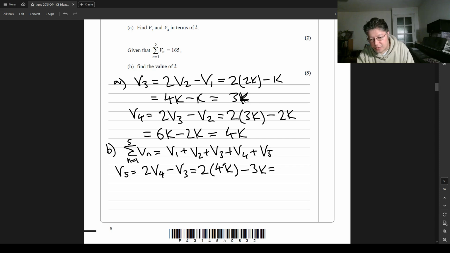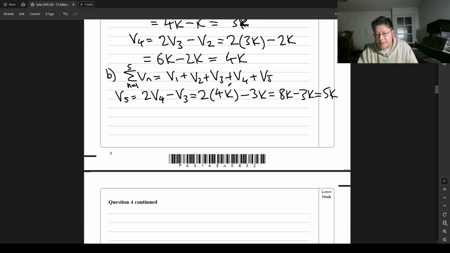So this equals 8k minus 3k, which equals 5k. And now that we've got that, we can make an equation. We can add up v1 to v5 and set it equal to 165. So let's do that.